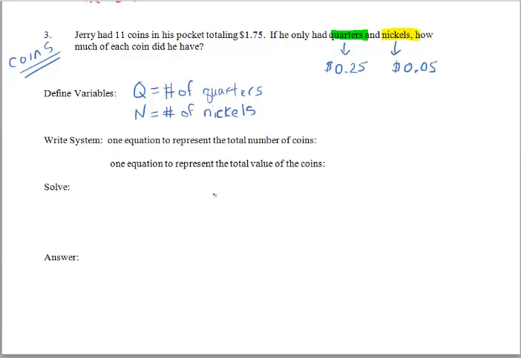Okay, write an equation. Again, my first one is to write an equation based on the total number of coins. Well, I have 11 coins, so I'm not actually doing anything with dollar signs yet. So total number of coins, Q plus N equals 11. Total value of my coins was $1.75.